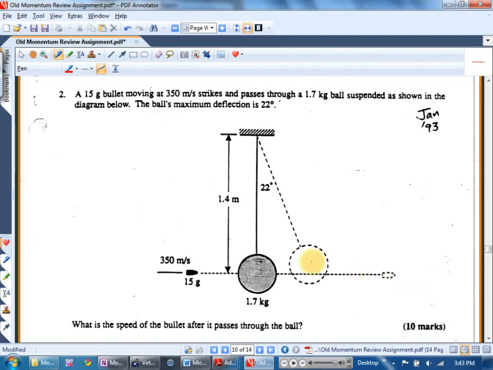You have to figure out the height from 1.4 and an angle of 22 degrees. You've got to do some trig. This is a much tougher question than I'm going to give you. But hopefully you understand the idea of two things colliding in a nice straight line, and then with this change in height, change in energy, use conservation of energy.